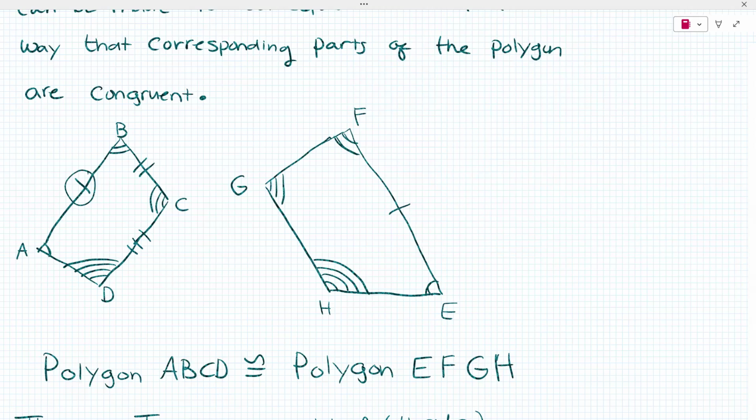So this tick mark should correspond with this, and then there should be another tick mark right here. Yes. So polygon ABCD is congruent with polygon EFGH because all the sides and all the angles are congruent.